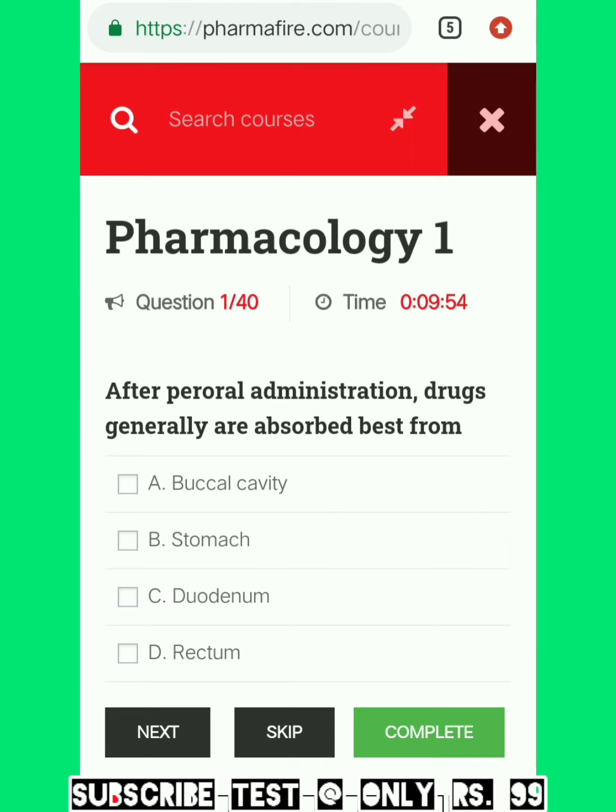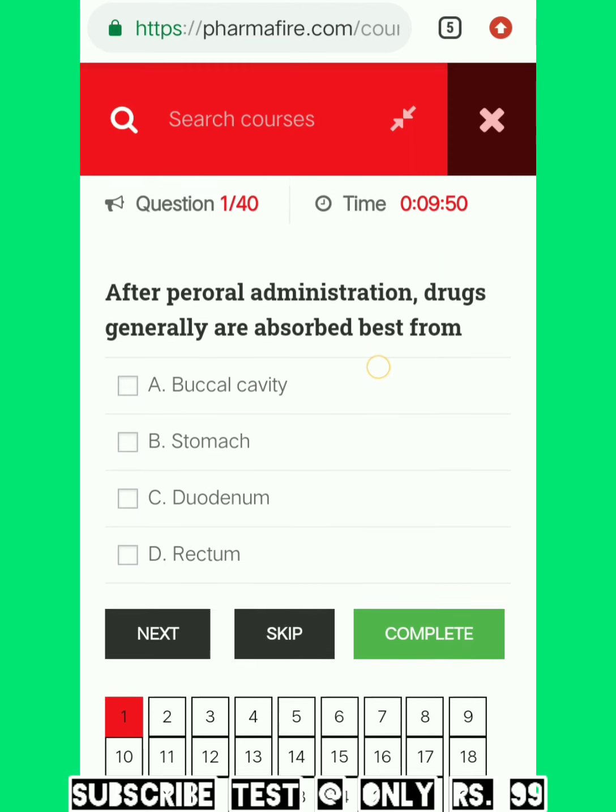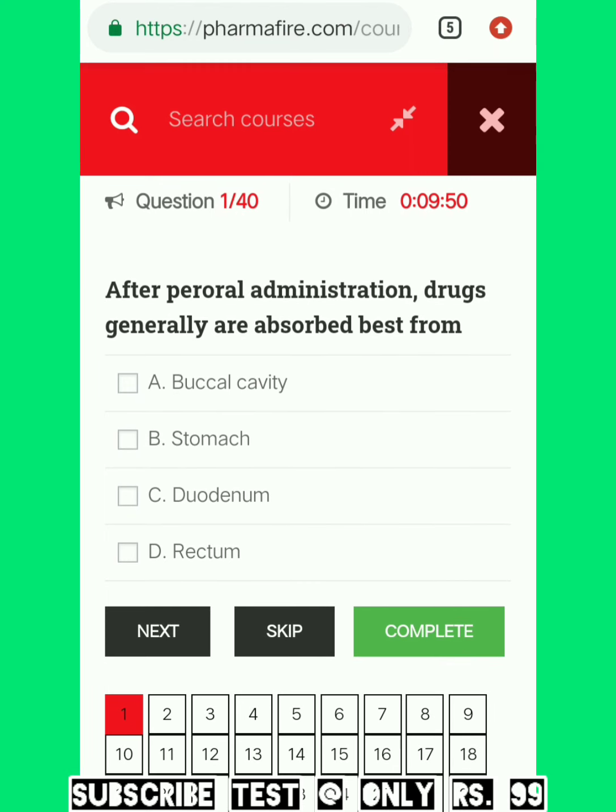You get questions like: after oral administration, drugs are generally absorbed best from where? There are various options in this multiple choice question, MCQ. You have to choose the correct answer, then go to the next. You can skip the question also; it's your choice.